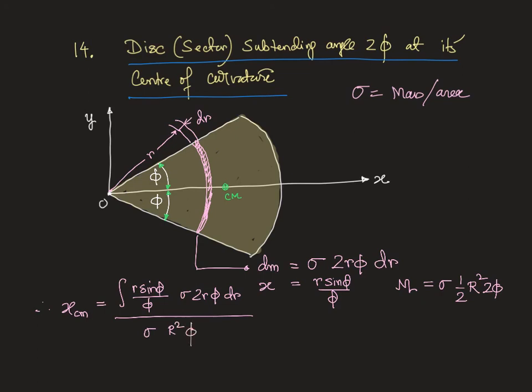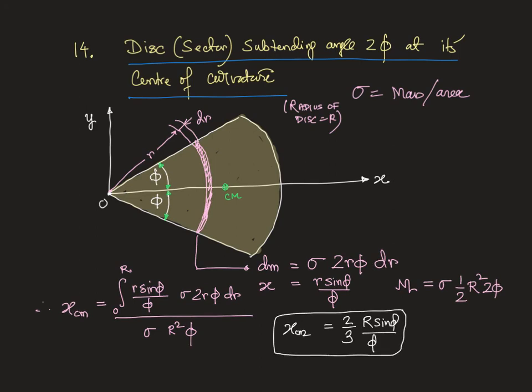Here the limits of small r will be from 0 to capital R, because the radius of the disc is R. After calculation, what do you get? xcm is equal to 2/3 R sine phi by phi.